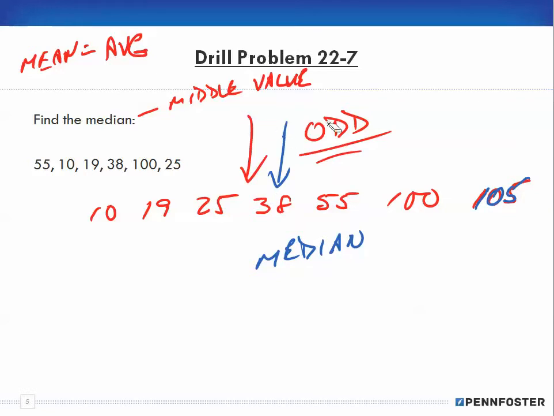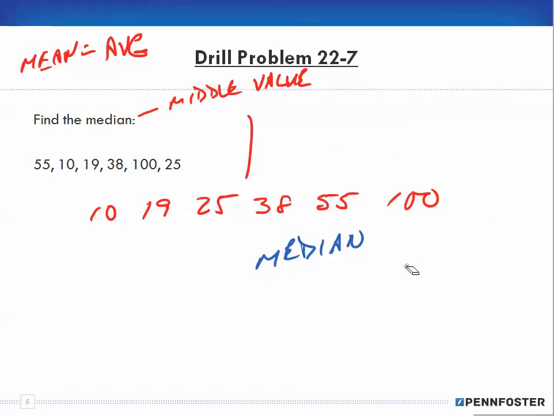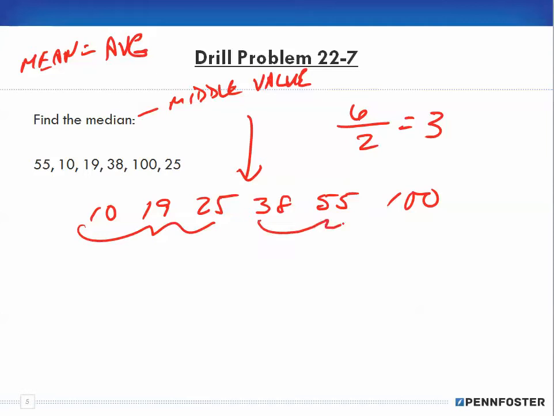But when you have an even number of values, you count up however many there are. In this case, there's 6, and you divide by 2, which means you're looking for 3. There's going to be 3 on one side, 3 on the other.